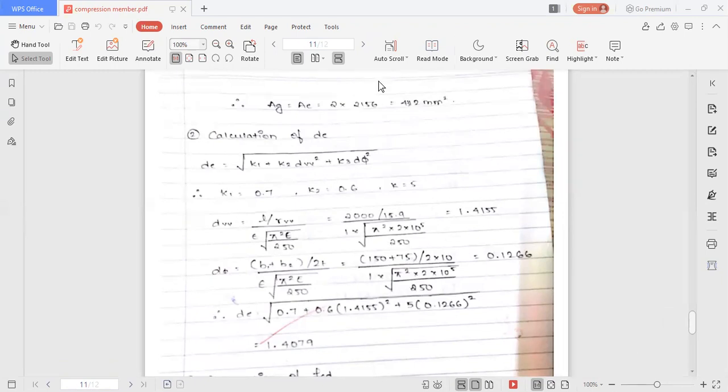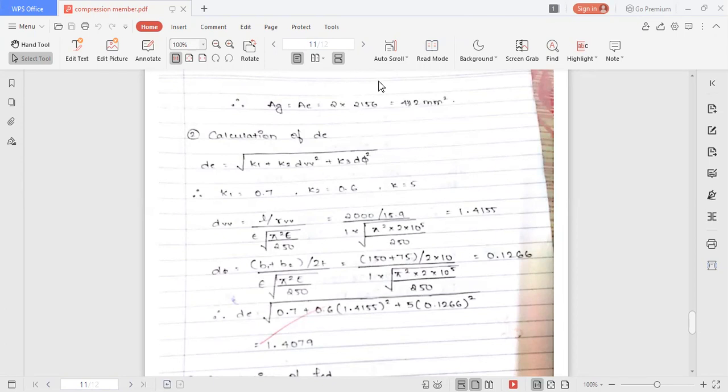So we will convert it in mm, so it is 2000 mm. अभी RVV is nothing but the RXX, that is 15.9. epsilon की वैल्यू कितनी है 1, pi square into E की वैल्यू modulus of elasticity, that is 2 into 10 raised to power 5 upon 250. तो आपको लैम्बडा वीवी और डी वीवी मिलता है 1.4155. उसके बाद में लैम्बडा फाई की वैल्यू फॉर्मूला इज b1 plus b2 दैट इज विड्थ प्लस डेप्थ, तो विड्थ कितनी है 150, डेप्थ कितनी है 75 अपॉन 2t.